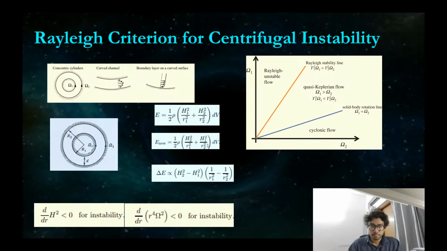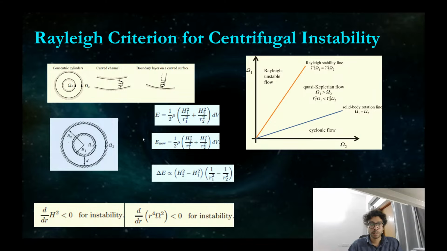Now we argue that if the new energy is less than the old energy, then the new configuration is more stable. So that means that the fluid will try to go from here to here, and we will have this instability, right? Because the system will always try to go to a lower energy state.